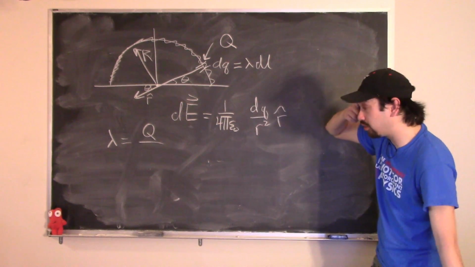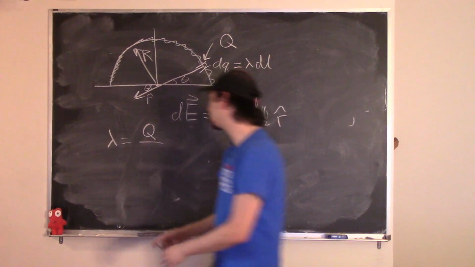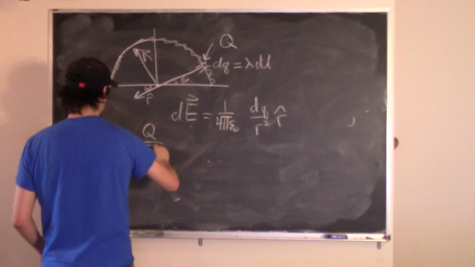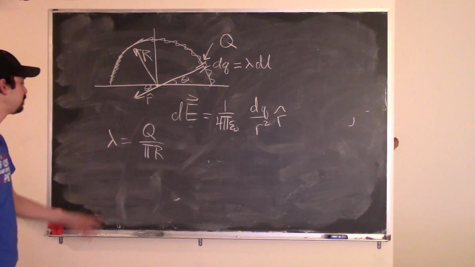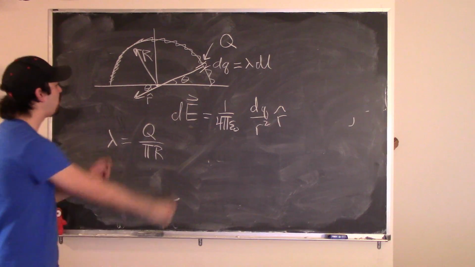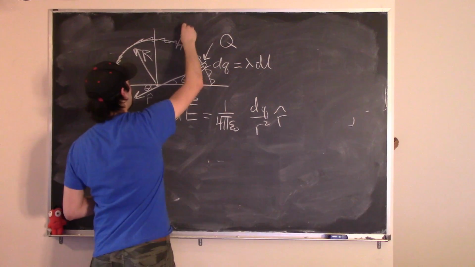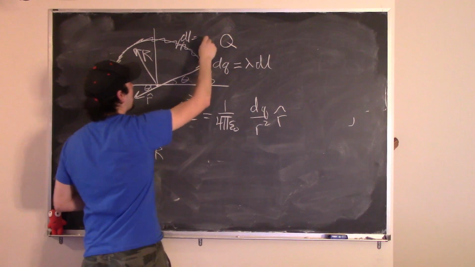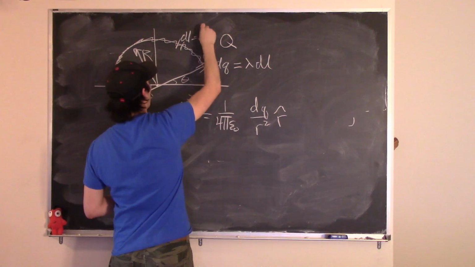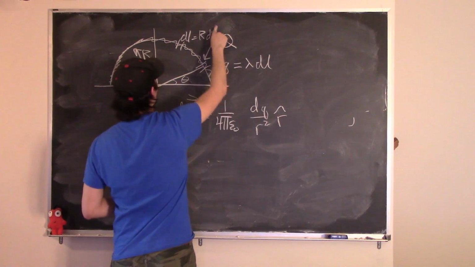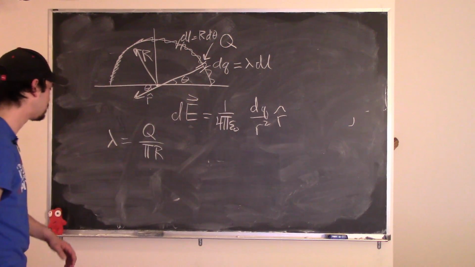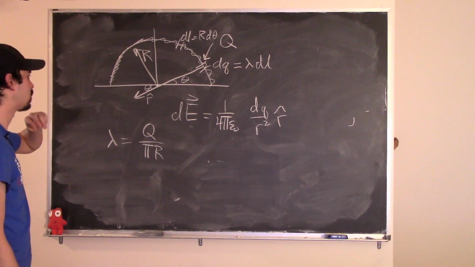So half a circle is going to be half that, and so the total length of this is going to be pi times r. Now dl for the arc of a circle, and this is something you can just hold on to and put in the back of your pocket, dl is just going to be r d theta. I won't really go into exactly why that is, but if you're interested, come talk to me. I'll explain why.